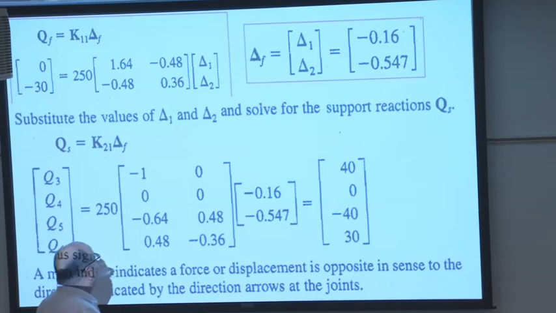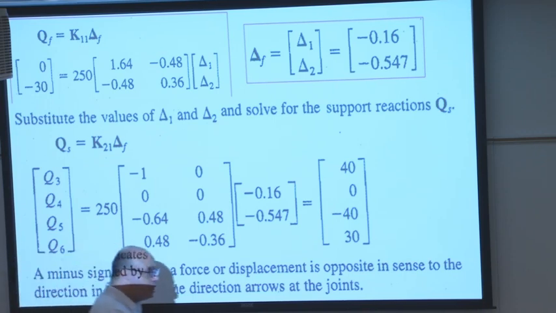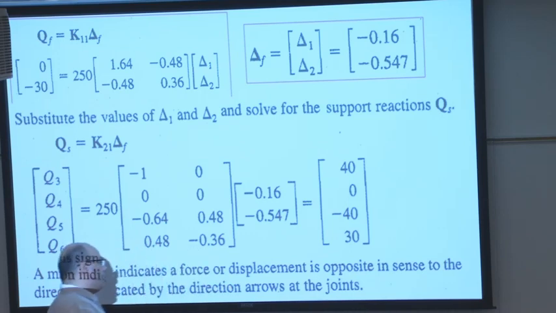Here we go. This is what we did, and we came up with the support reactions, as you can see right there. And the minus sign that we have here indicates that the force is opposite to what you assumed for the direction of the arrows at the joints.